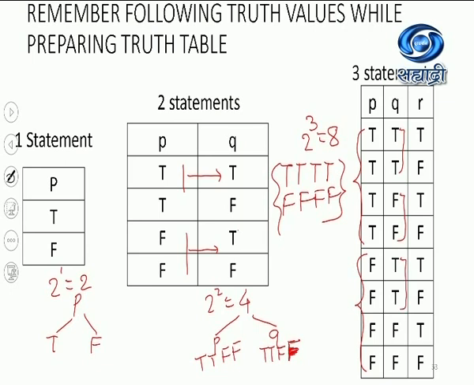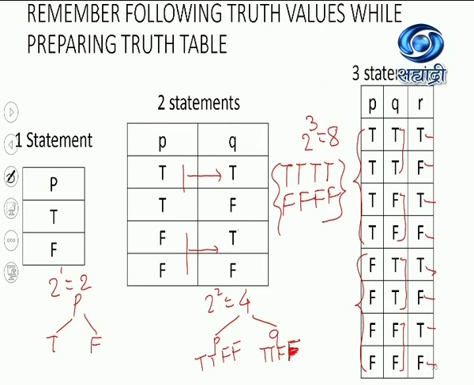2T, 2F, again 2T, 2F. And for R, further reduce 2 T's into one single T and F. So alternate TF, TF, TF, TF. In any given column of P, Q, R, you will see there are 4 T's and 4 F's, but in different combinations.